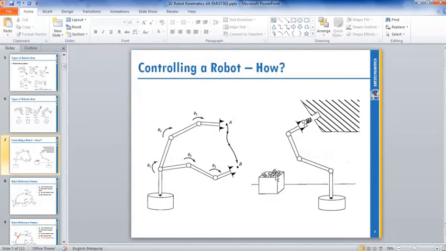You need to program the robot to ensure that the gripper is perpendicular, for example, to the head of the screw. Otherwise your robotic arm cannot pick up the screw, although you have a good vision system.